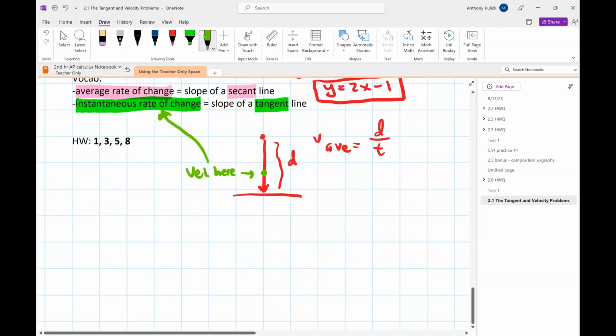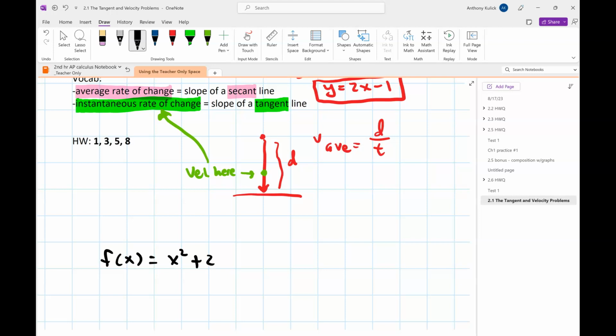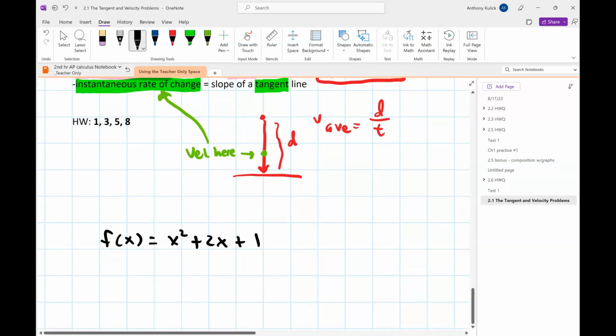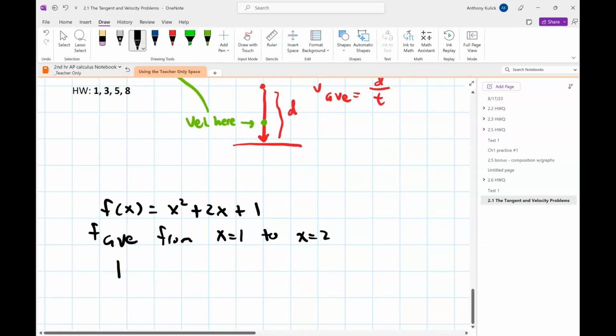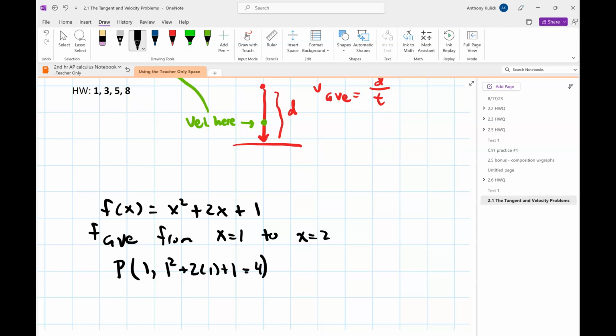Okay, so if we have some function f of x equals x squared plus 2x plus 1, and we want the average rate of change from x equals 1 to x equals 2. Well, I know one point is going to be (1, 1 squared plus 2 times 1 plus 1), which is 4.